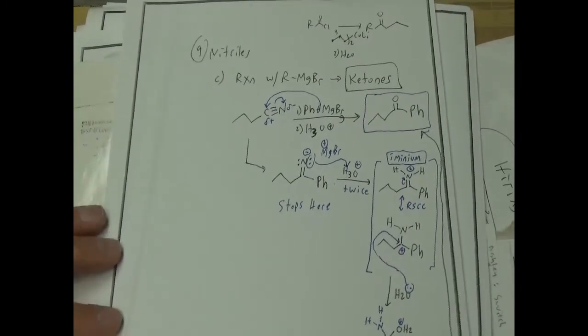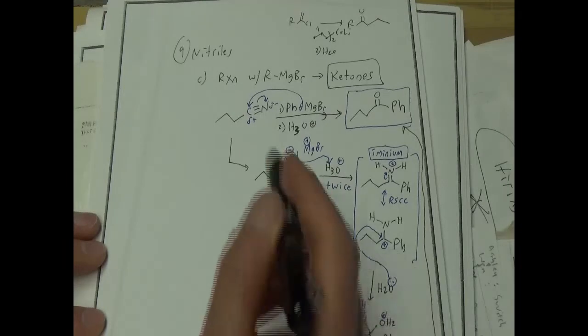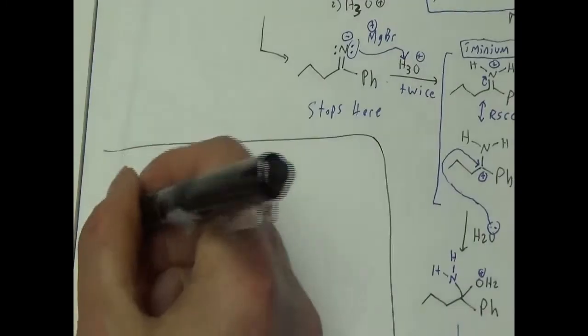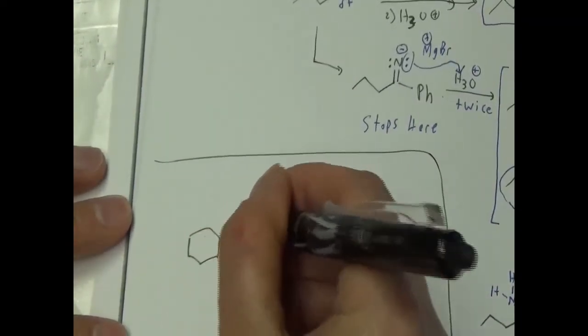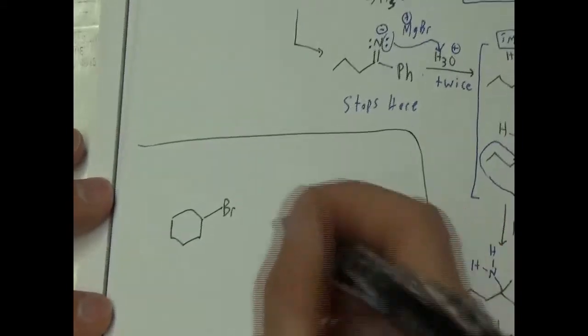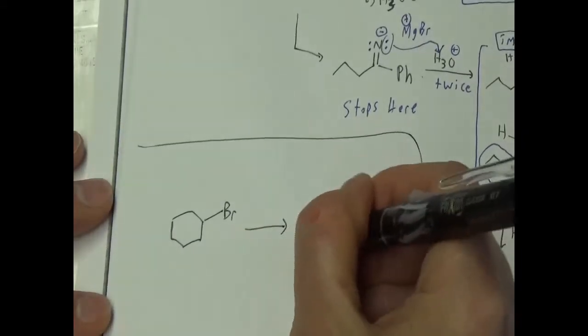Okay, so we have this cool reaction that takes nitriles and makes ketones. Let's just do an example now. Maybe I'll convert this alkyl halide into a nitrile. How do I do that?